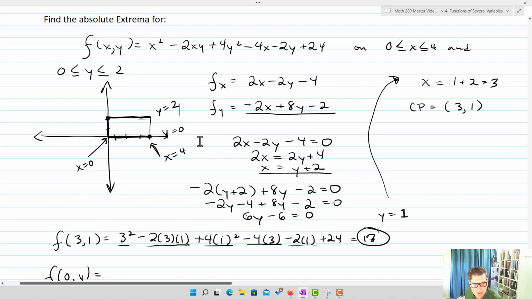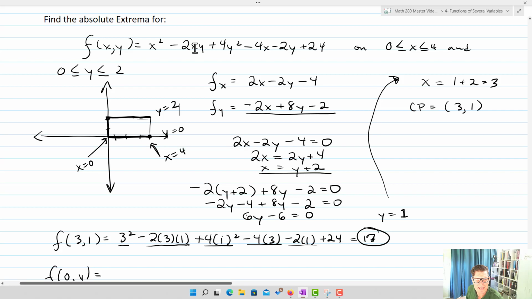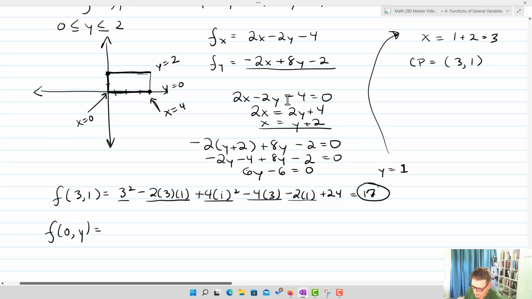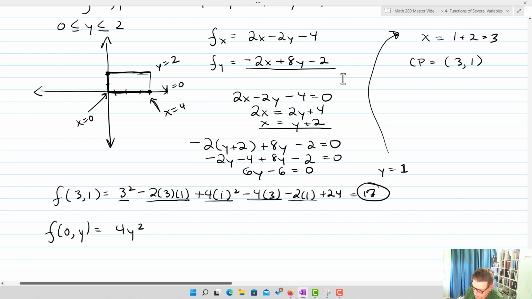So f of 0, y, calculated when x is equal to 0, is going to end up being 0 minus 0 plus 4y squared minus 0 minus 2y plus 24.